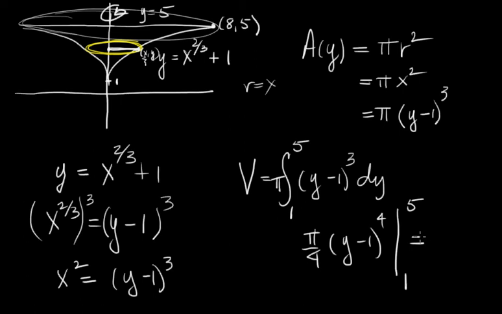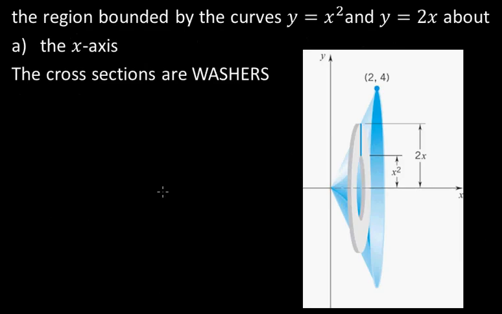I didn't put it in terms of u. And we can plug in 5 there pretty easily and get 1 to the 4th minus 0 to the 4th. So this is just pi over 4. The volume was pi over 4.